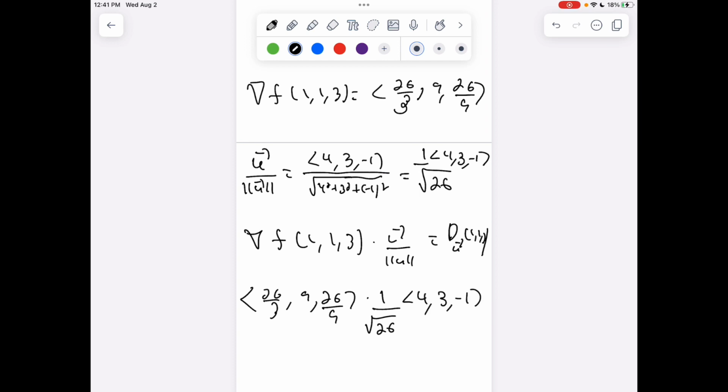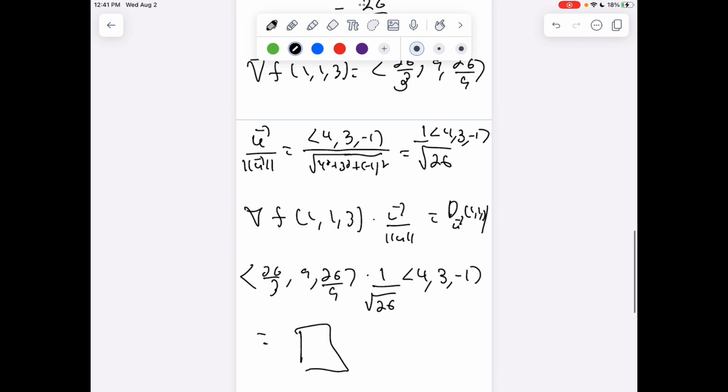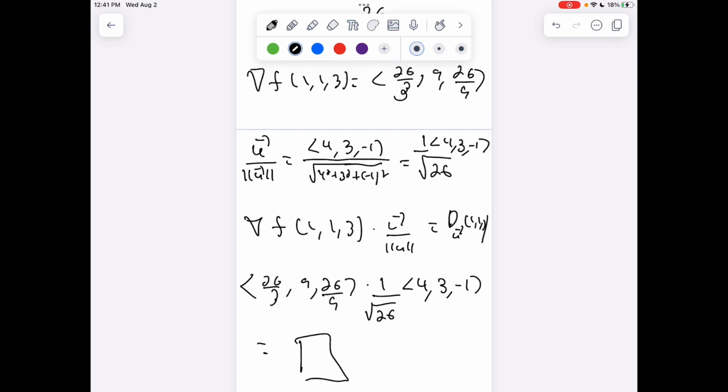You would do a dot product, and you would come out with that number. And that number basically describes the rate of change of your function at that point in the direction that you're going in. All right, well, I hope this helps. Thank you for your time.